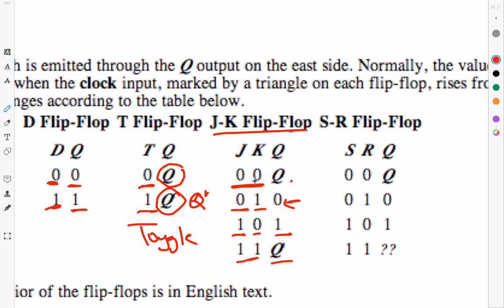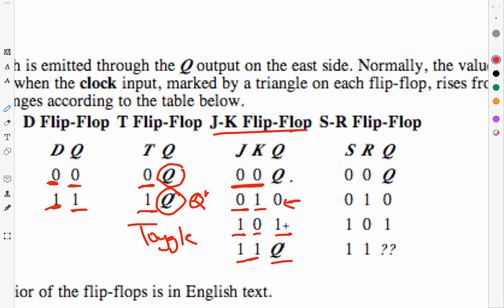As opposed to D and T, which have a single input, J and K have two inputs: 0 0, 0 1, 1 0, and 1 1 being the four possibilities. If J and K are both 0, Q remains unchanged. If both are 1, Q toggles. If K is 1, it resets. If J is 1, it sets.